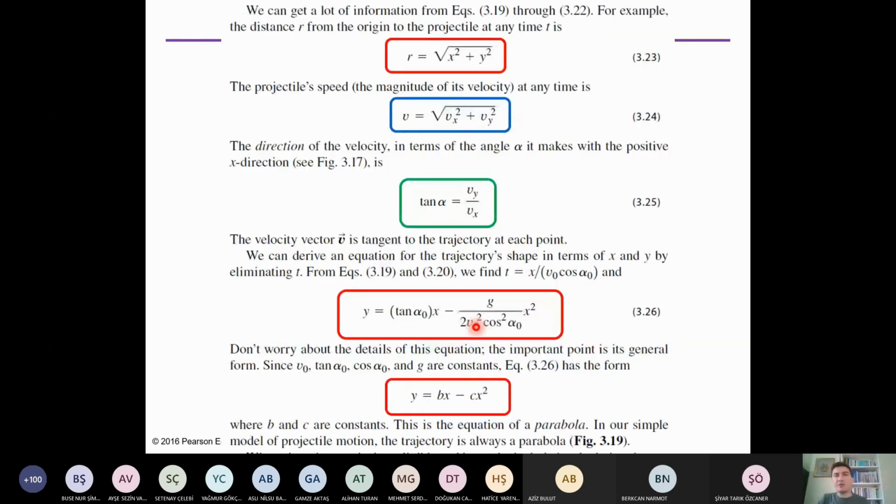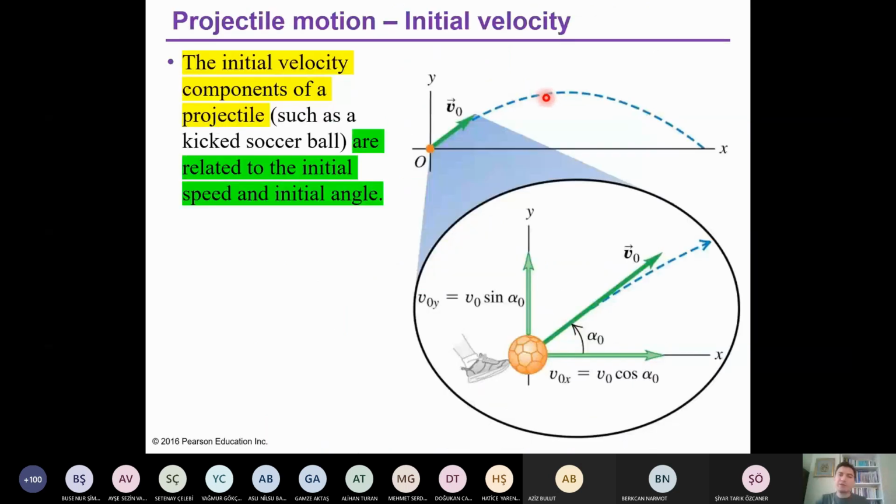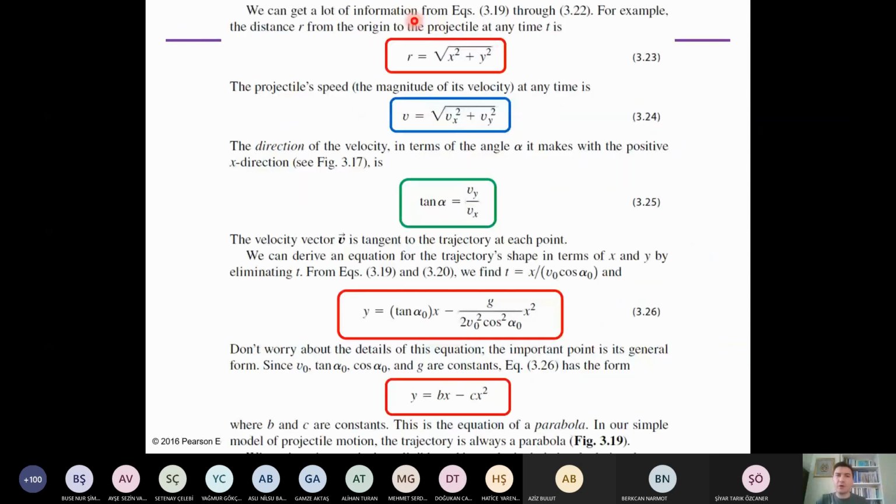Then let me continue with the position vector. Let's say this is your new position and you would like to get information about the position vector from the origin to this position, okay? How do we calculate this R, the position vector? The position vector, or the distance from the origin to the projectile, is given by the square root of x squared plus y squared.